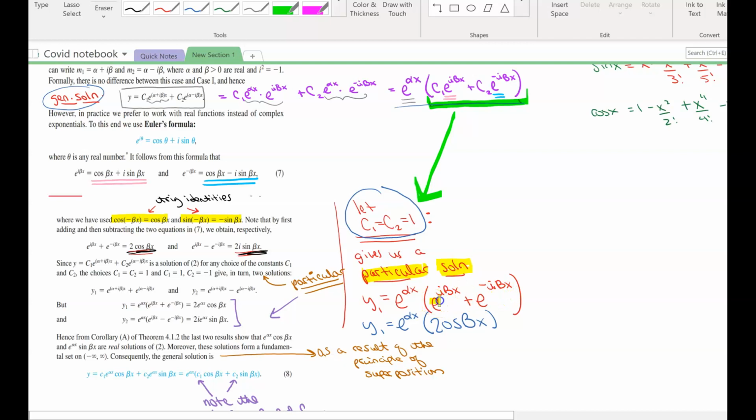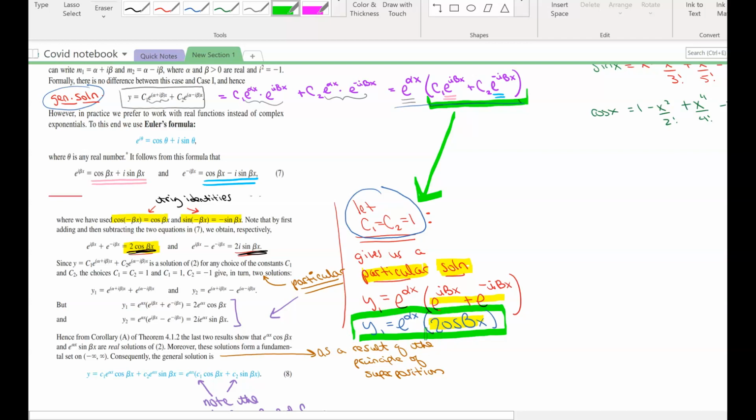Well, what do we know about this? e to the ibx plus e to the negative ibx is none other than 2 cosine beta x. And here we are. So what we've just done, everyone, is, and look at my subscript, I'm calling it y1. I'm not calling it y, because this is now a particular solution.